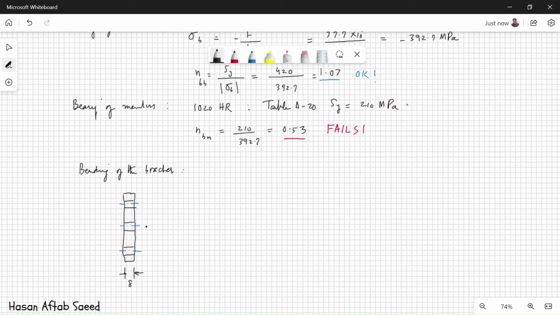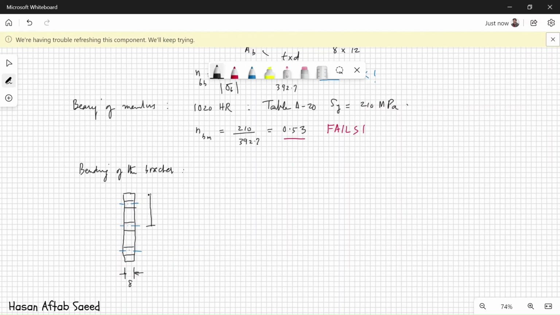And the distance from the neutral axis to the point of the maximum stress is 68 millimeter. We also know that. All these holes are 12 millimeter each, and the total height, again given in the problem statement, is 136 millimeter.